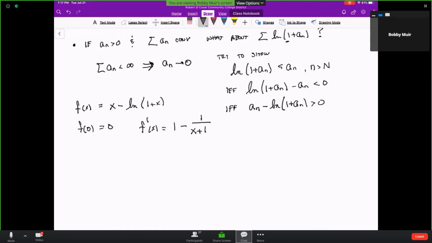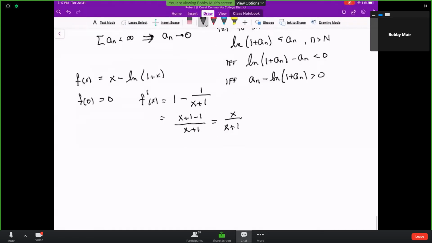If I common denominator this, it's going to be x plus 1 minus 1 over x plus 1, which is equal to x over x plus 1.